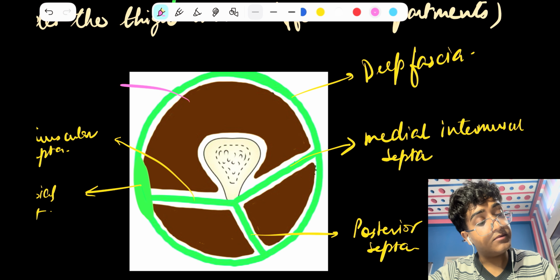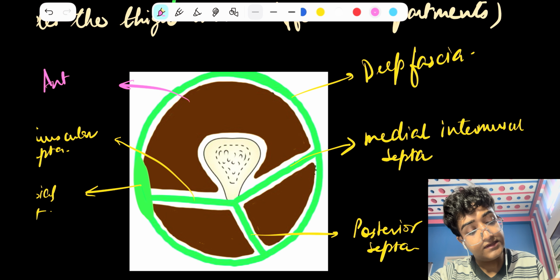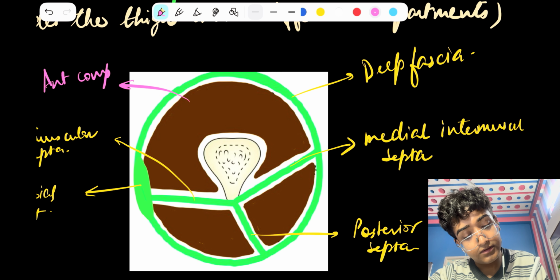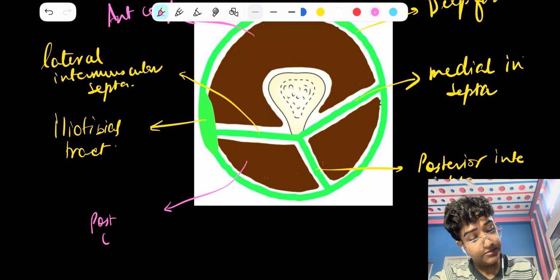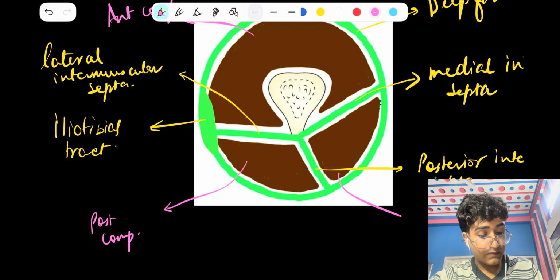And now let's talk about the compartments. This is the anterior compartment of the thigh, this is the posterior compartment of the thigh, and this is the medial compartment of the thigh.